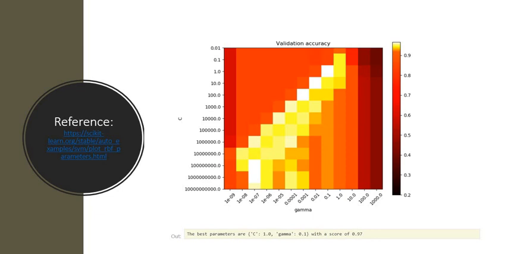Instead of plotting a heat map, you can also just calculate the accuracy score of different inputs.